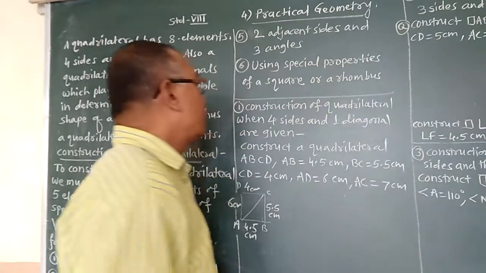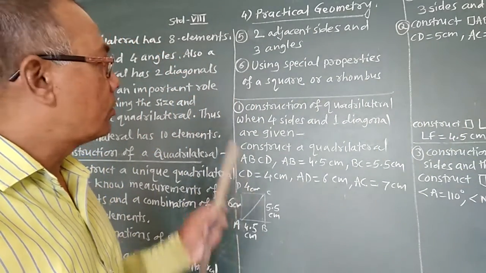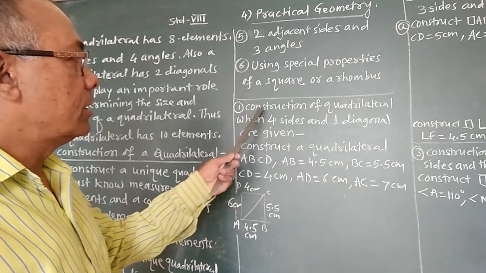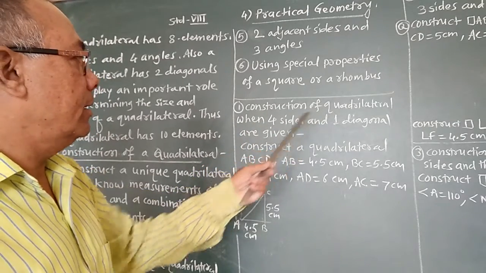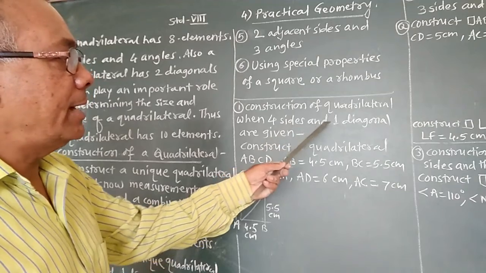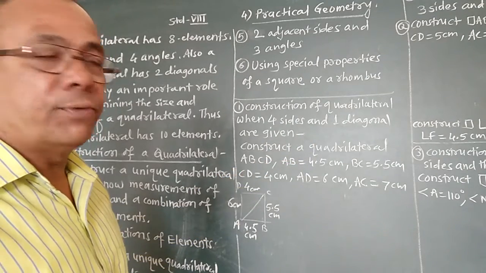Now here we are going to construct the quadrilaterals. First, construction of a quadrilateral when four sides and one diagonal are given.